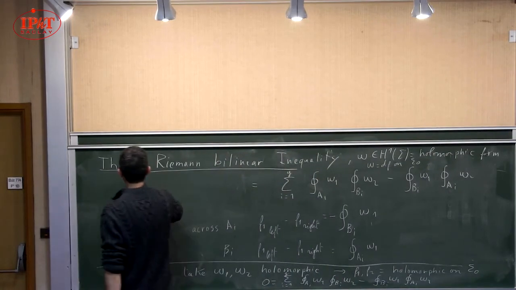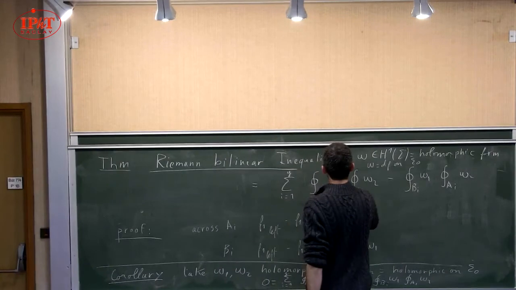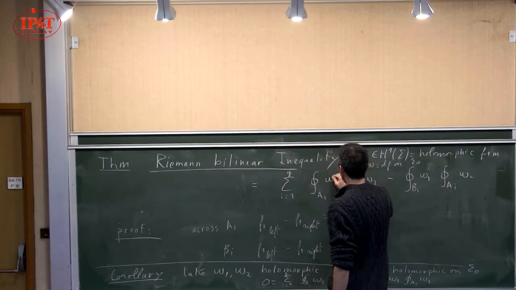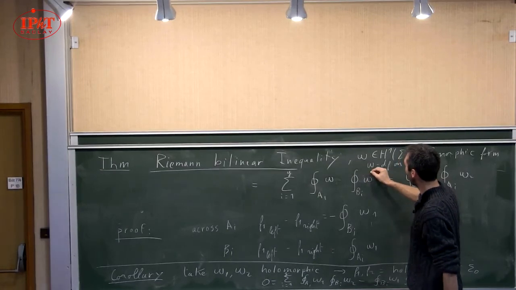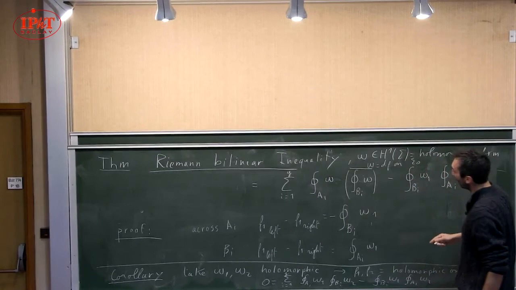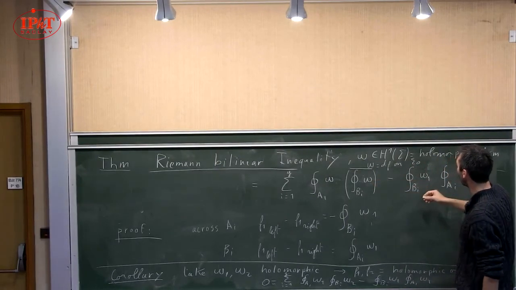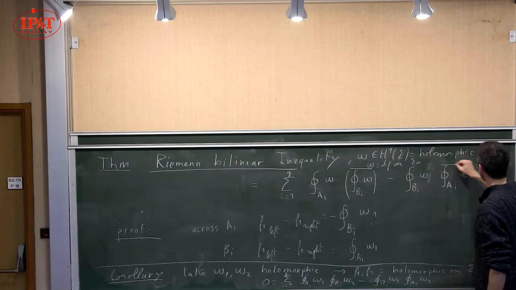Then what we have is that if we take this, and here we shall take the complex conjugate, so we take a complex conjugate like that. It's the same thing as taking omega and again the complex conjugate.